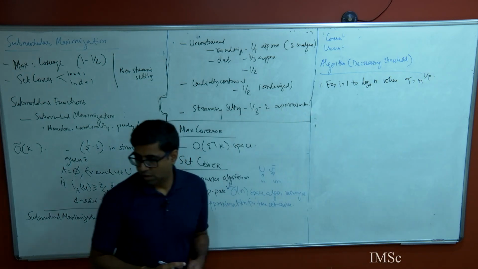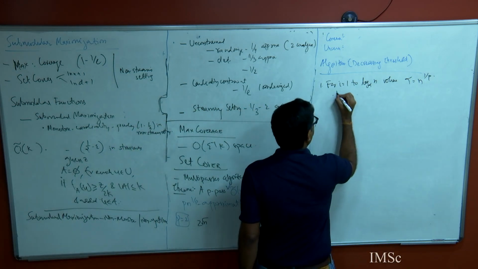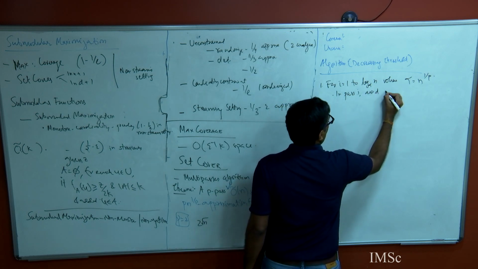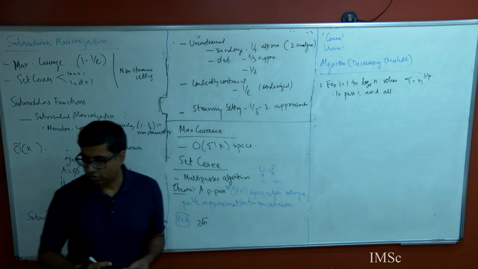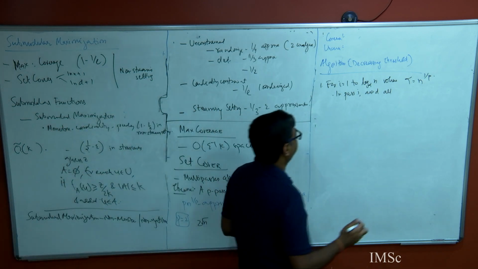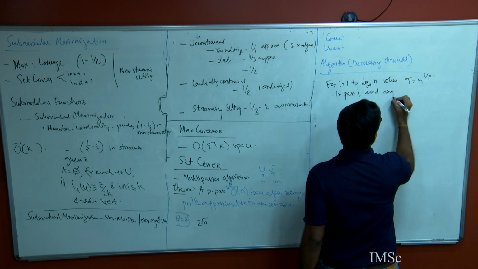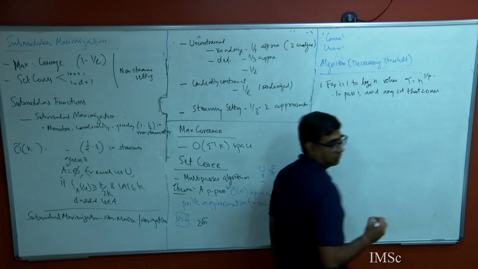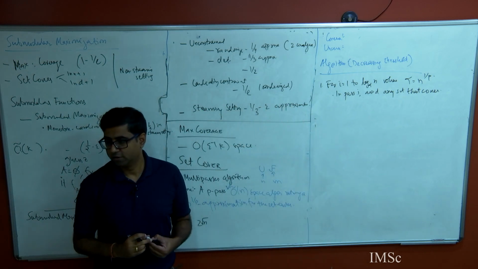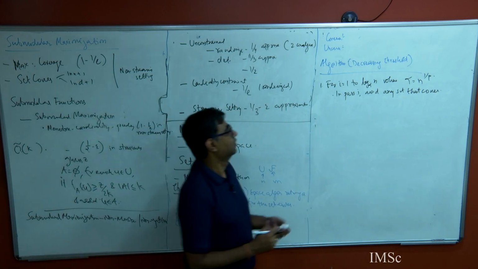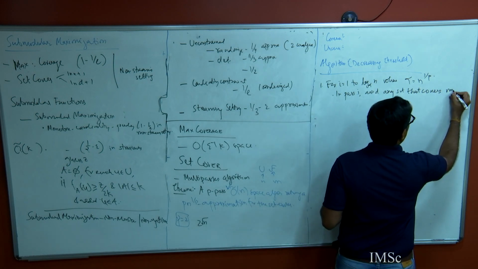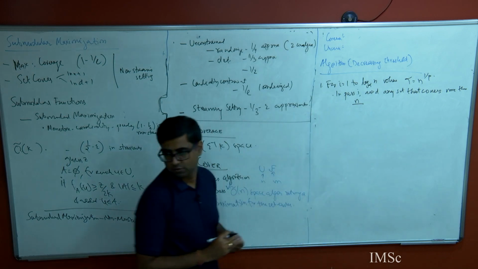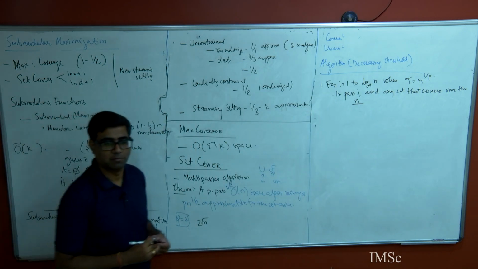In pass i, add all sets, or add any set, that covers more than n to the power alpha to the power i new elements.